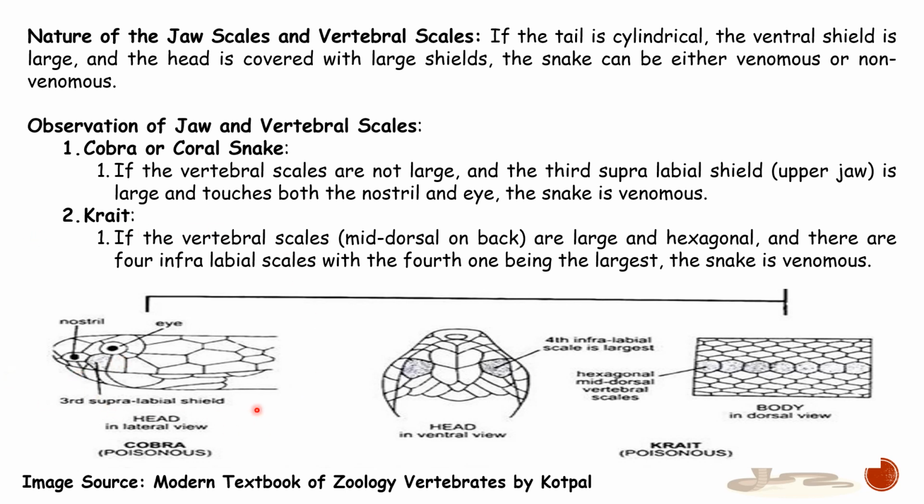Then this snake is venomous. Shortly, that means it might be a cobra or coral snake.